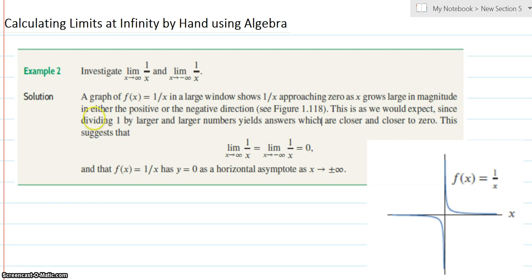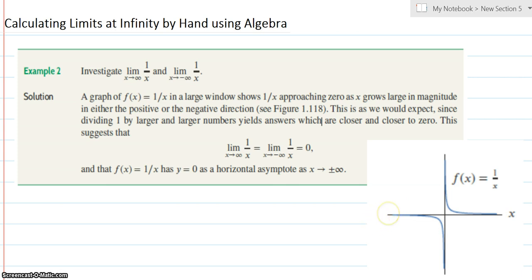Okay, so it says here the graph of f of x equals 1 over x in a large window shows 1 over x approaching 0 as x grows large in magnitude, either in the positive or negative direction. So if you look at this figure, as x goes large here, it goes to 0. That's as x goes to infinity. And as x goes to negative infinity, it's also going to 0.